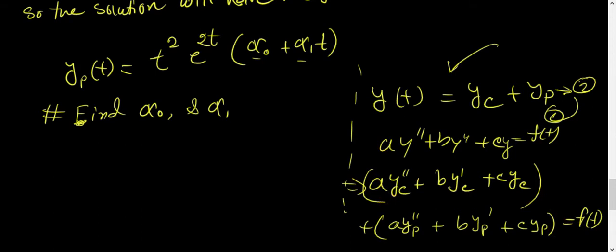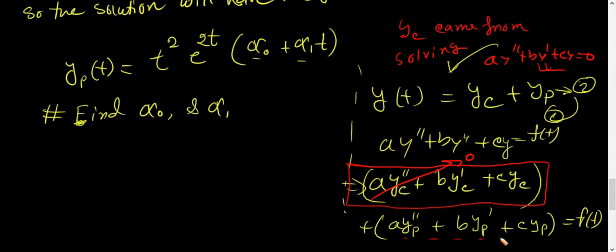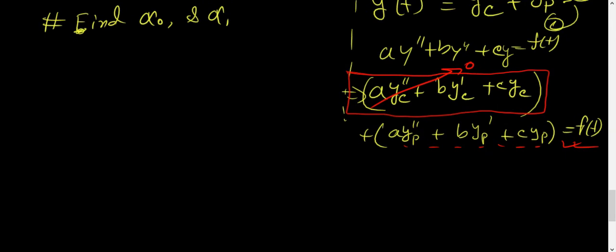This part is just the homogeneous part, because yc came from solving a y double prime plus b y prime plus c y equals 0. So yc is a solution of this, and this whole thing goes to 0. And as you can see, you have some equality over here, so we are going to use this equality. So let's write that.